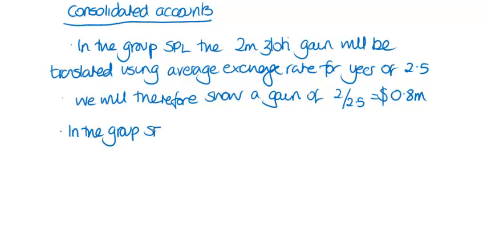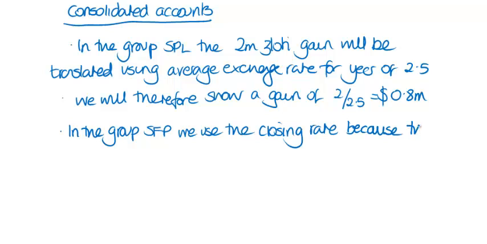In the group statement of financial position, we use the closing rate because the debt instrument is monetary in nature.